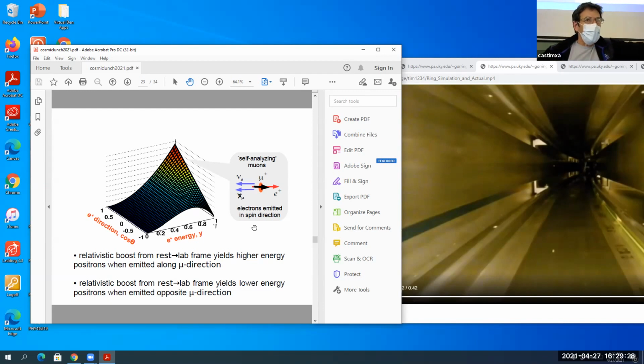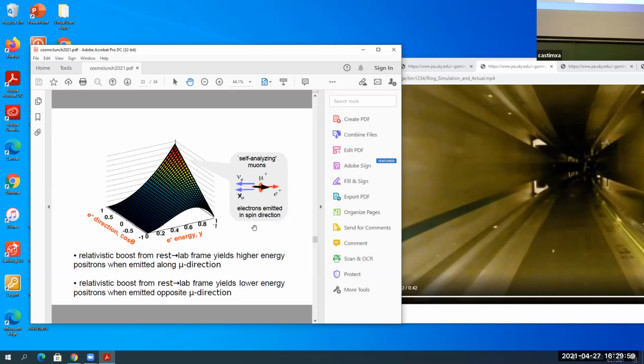And so the electrons are really telling you the direction of the spin. Now, if the spin is in the direction of the momentum, when you boost from the rest frame of the muon to the lab frame, where we're measuring the electron energies, the energy of the electron is boosted up when it's emitted in the direction of motion.